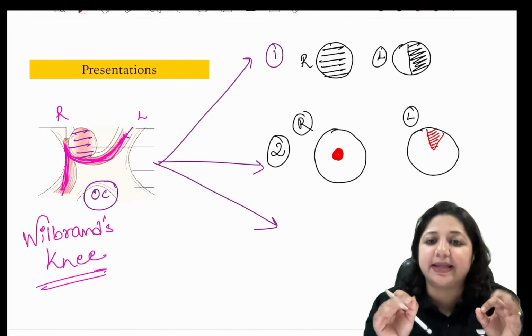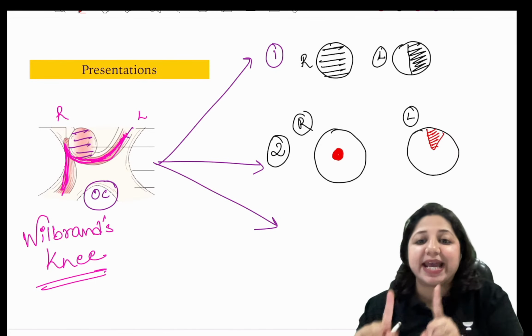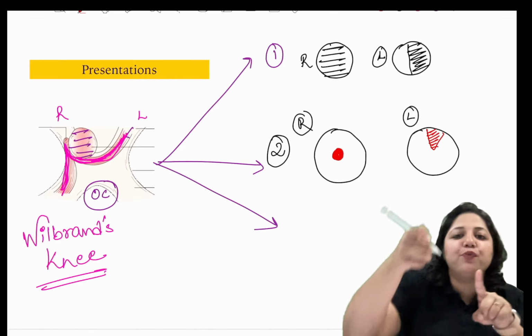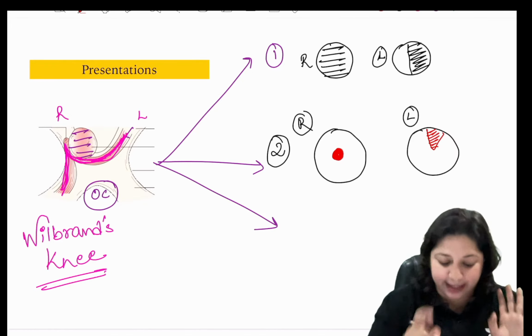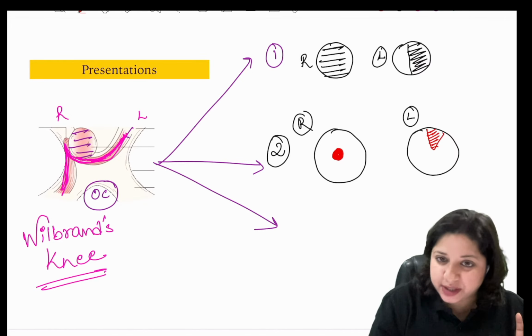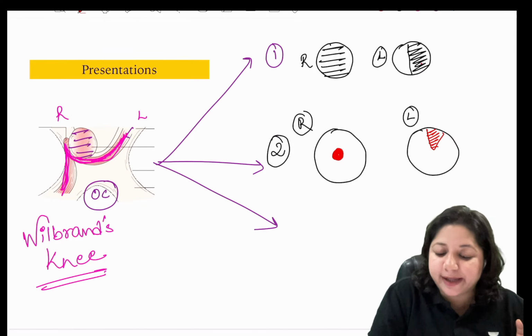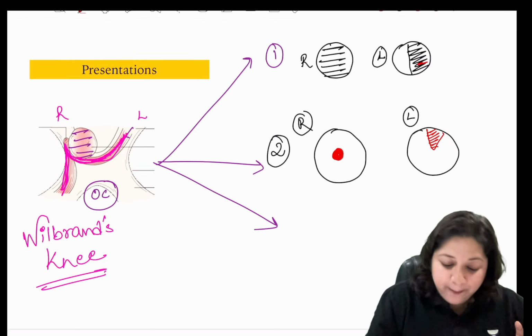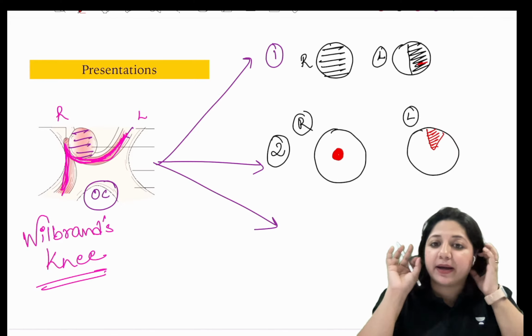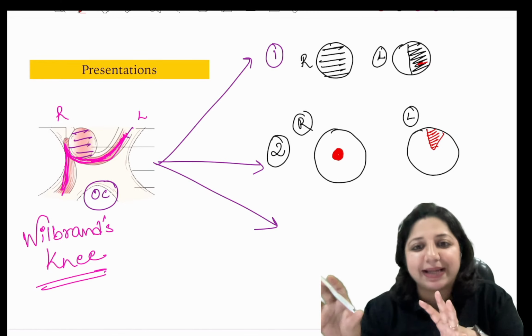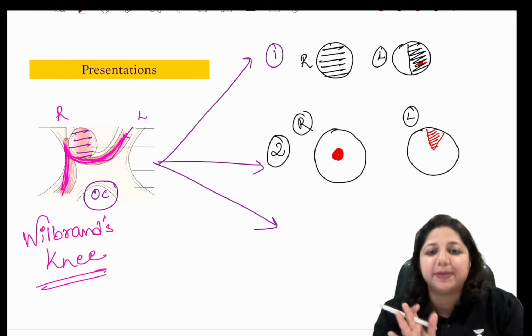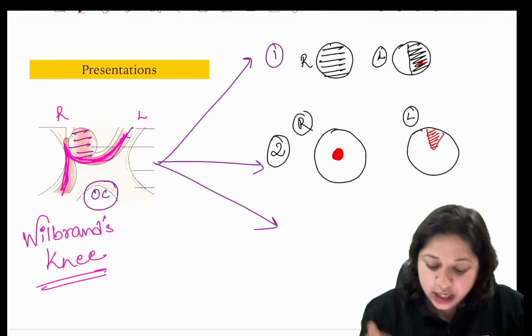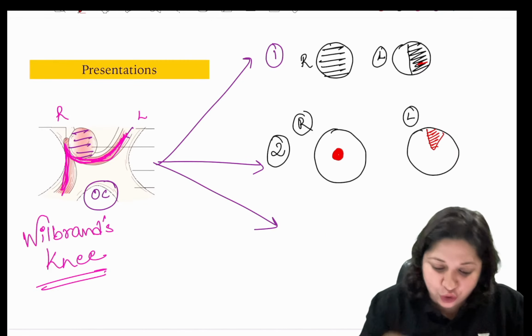Why? Because classically, the inferonasal fibers loop around to form the Wilbrand's knee. So maybe some nasal fibers are affected here also. Then the entire temporal field is affected. But only if the classically described Wilbrand's knee is affected, which is the inferonasal fibers, they will give you a superotemporal defect. So you can have this kind of a field defect also.